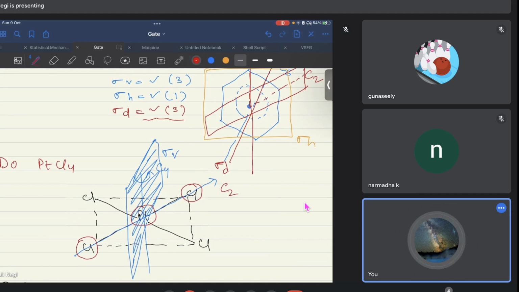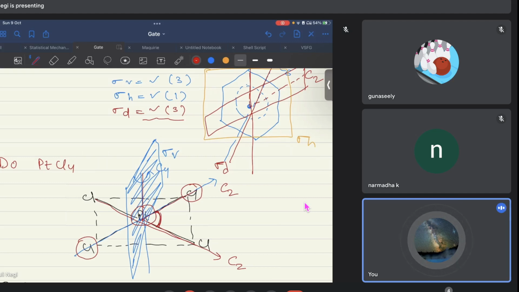So this is C2, and this is again another C2. So for sigma d, my definition was this simple, that my plane has to bisect the angle between this C2 and this C2, two adjacent C2.